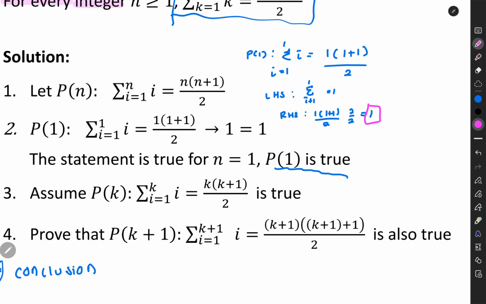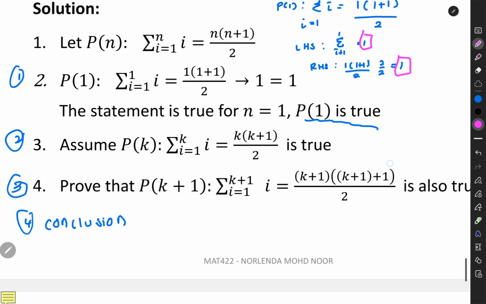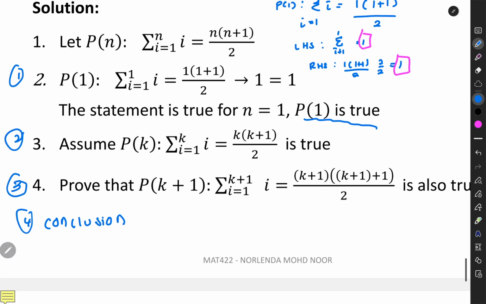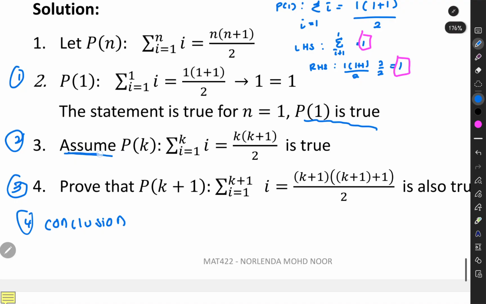So okay lah. It fits the first integer, then your P of 1 is true. So the next part is to assume first. Okay. Now we assume that the statement of this particular integer k is true. Okay. Which means the summations of I from 1 up until the k term.